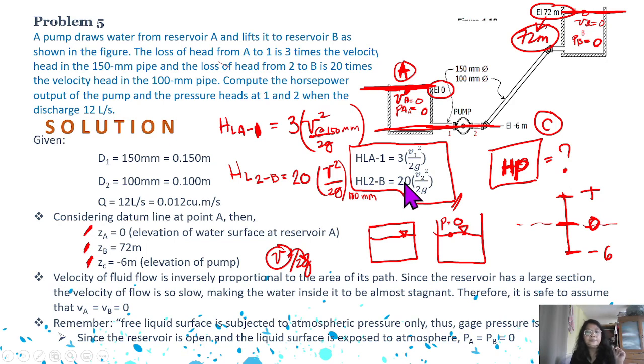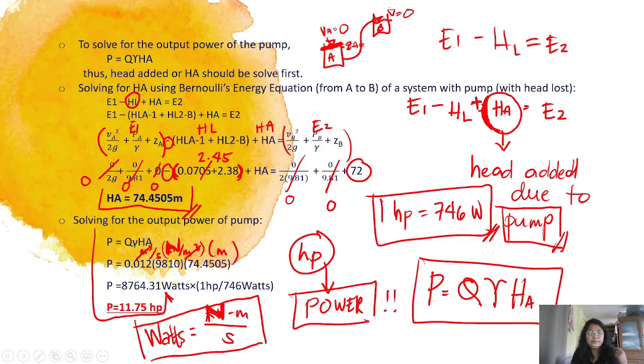Then, 20 times v squared over 2g. Ano pa? Ayan, HA usually kapag pump problem, HA ang hinahanap dyan. Iba din naman sa turbine. Pero, saka na lang. Okay? So, ZP. Ayun lang. O, diba? Dali.